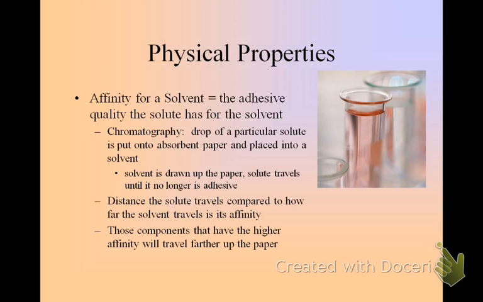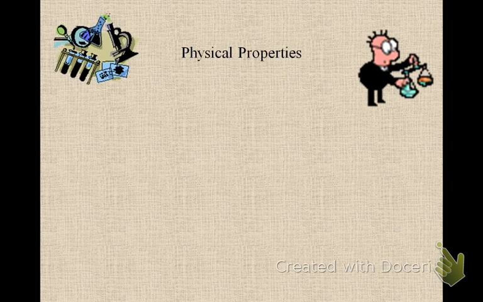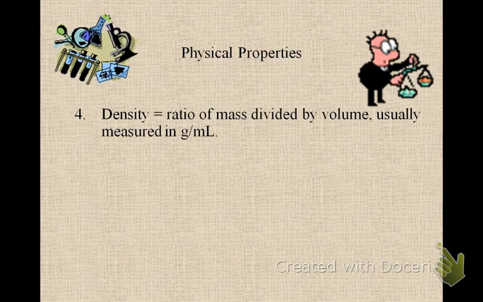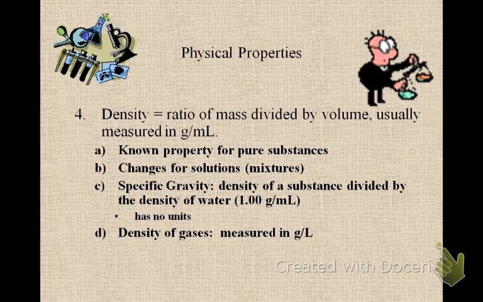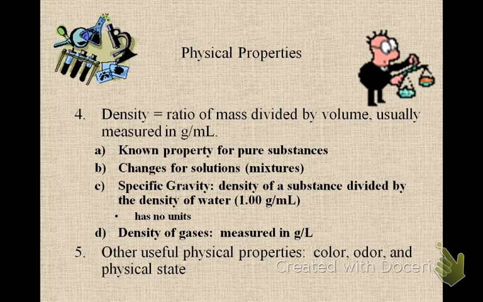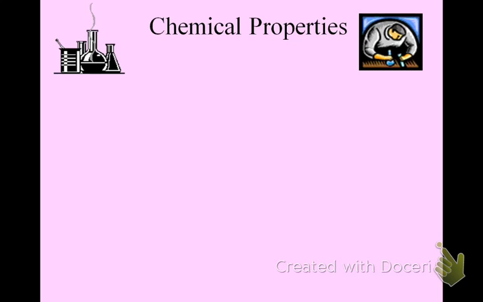We already talked about all this. And density, we've also discussed already. Mass divided by volume. This is another physical property and some extra information here. Other physical properties: color, odor, physical state at a certain temperature.